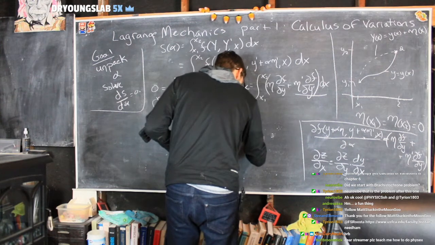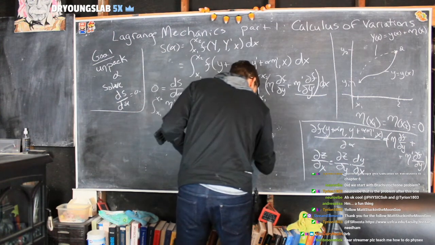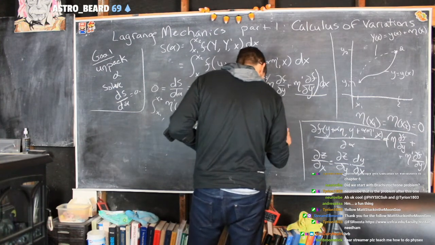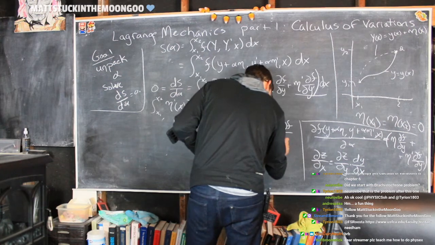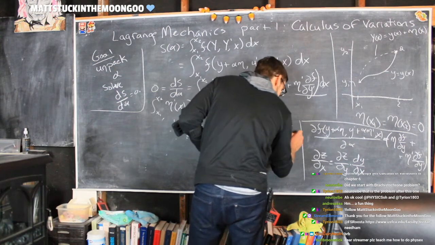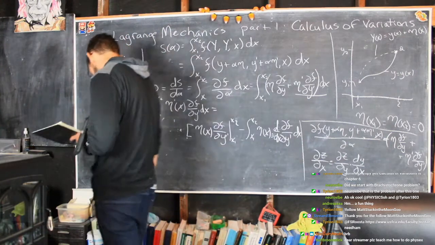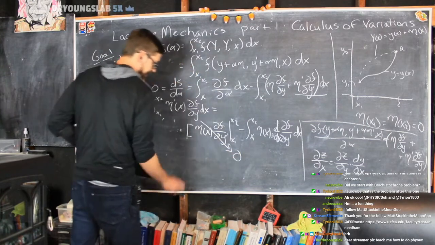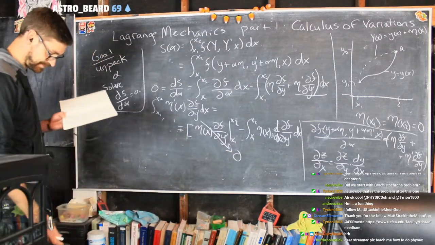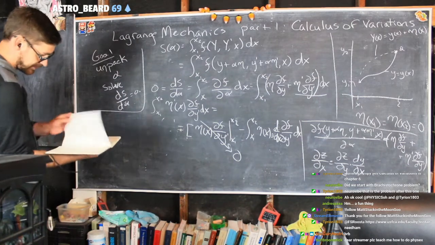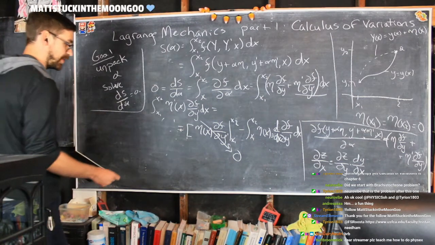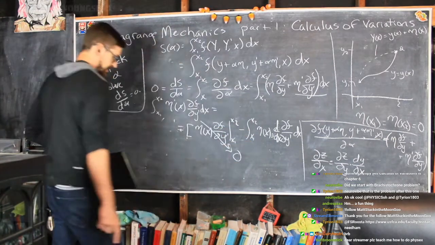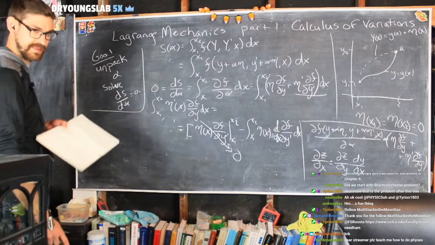Minus the integral from x1 to x2 of eta of x times the derivative with respect to x of the partial of f with respect to the partial of y prime, dx. We did fit it, just barely, but we did fit it. So this, like I said, is going to go to 0. So then the only thing we get is this is equal to this, well, minus that.